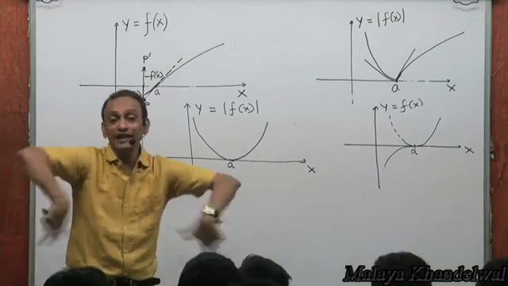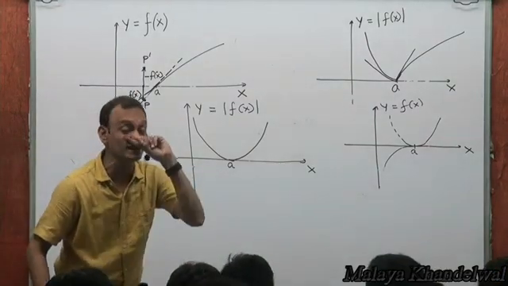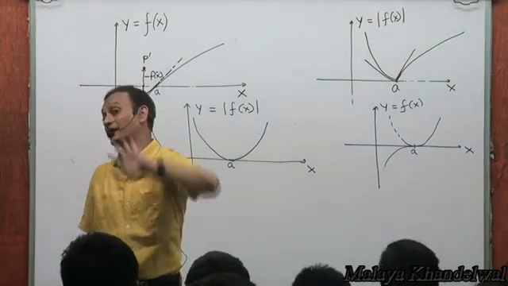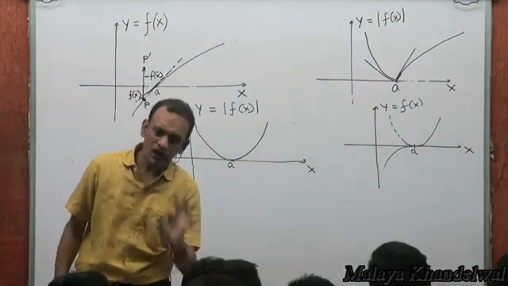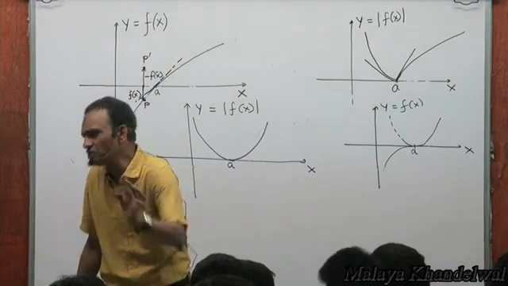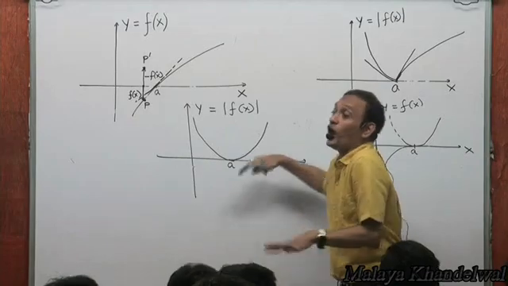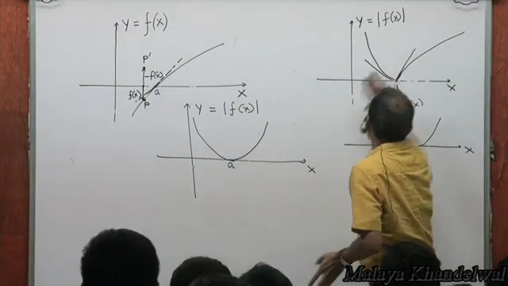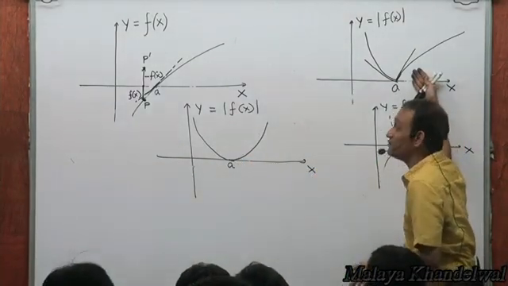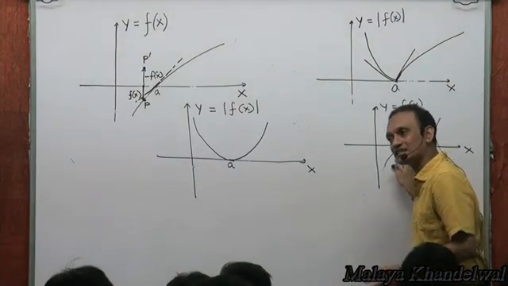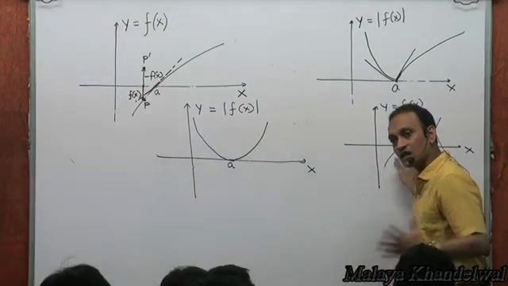So the rule of the game is that if fx is continuous and differentiable at x equal to a, mod fx will still be continuous at x equal to a, but may or may not lose differentiability. It loses differentiability in this case, for example, but it does not lose differentiability in this case. Yes or no?